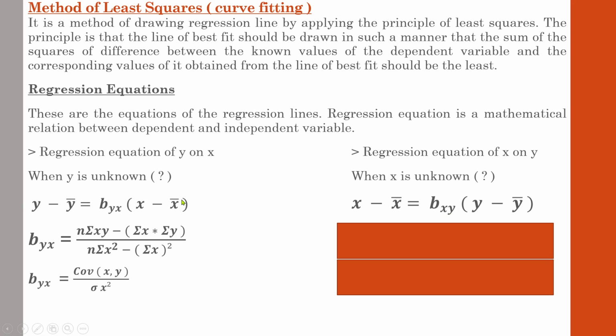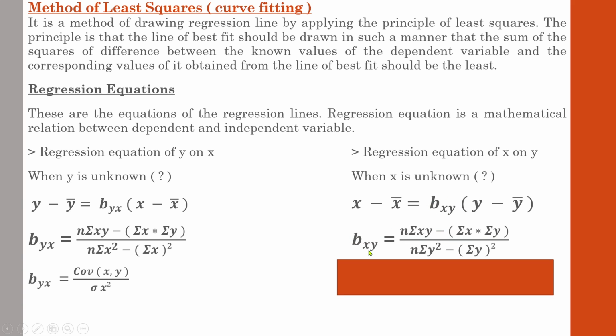Just like the previous one, here we need to find the value of bxy. So the equation for finding bxy: the numerator in both cases is the same, n sigma xy minus sigma x into sigma y. The only thing that changes is the denominator.